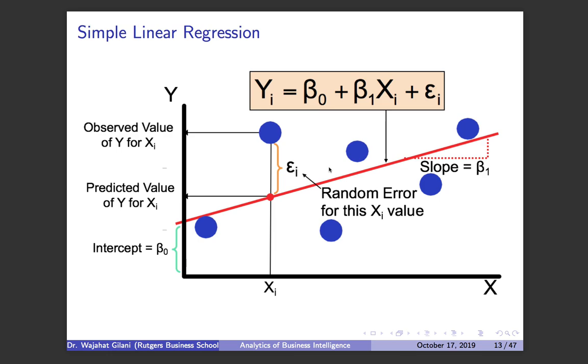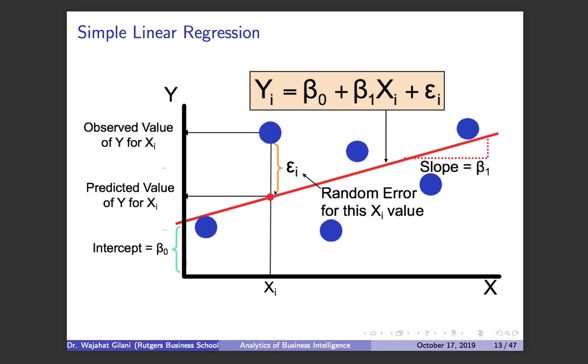We said already that the distance between the actual data points and these lines is the error for each individual data point. 1, 2, 3, 4, 5, 6. So 6 data points, 6 error points.